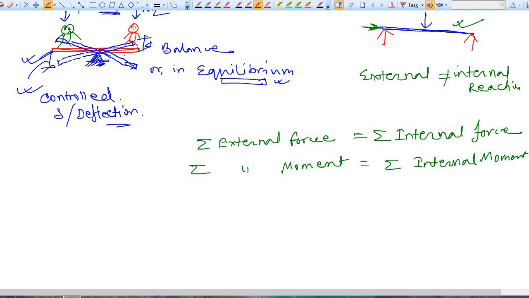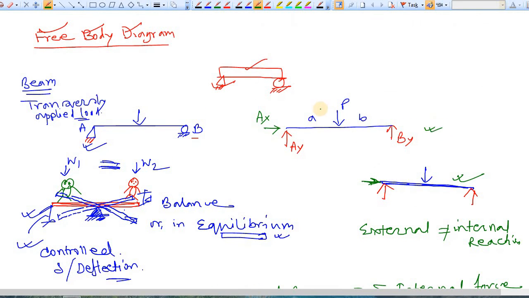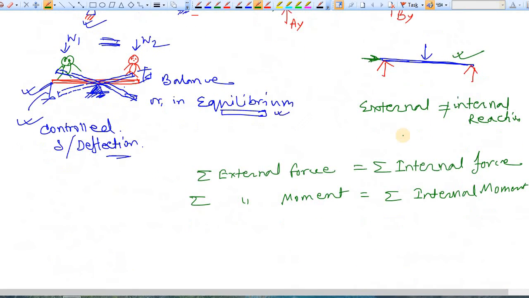Okay, so in this case of the beam, what is the external force? This is P. And AX, AY, BY, all are... sorry, P is the external force and these are internal forces.